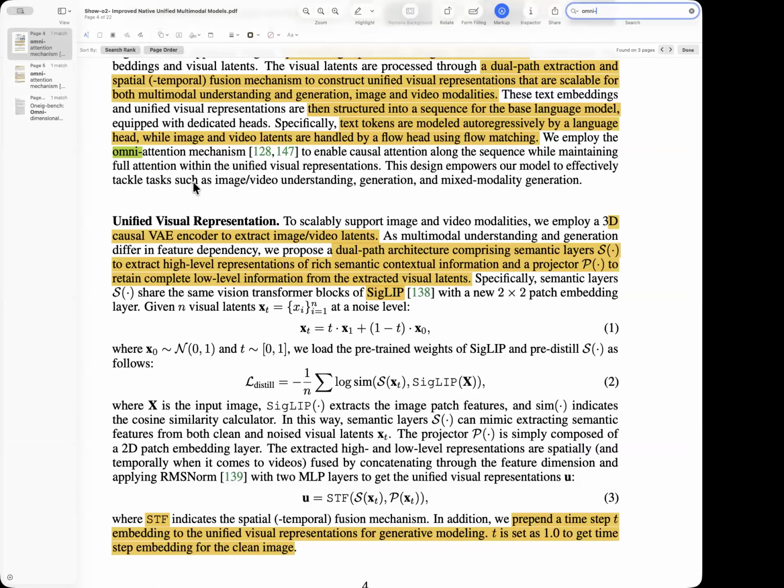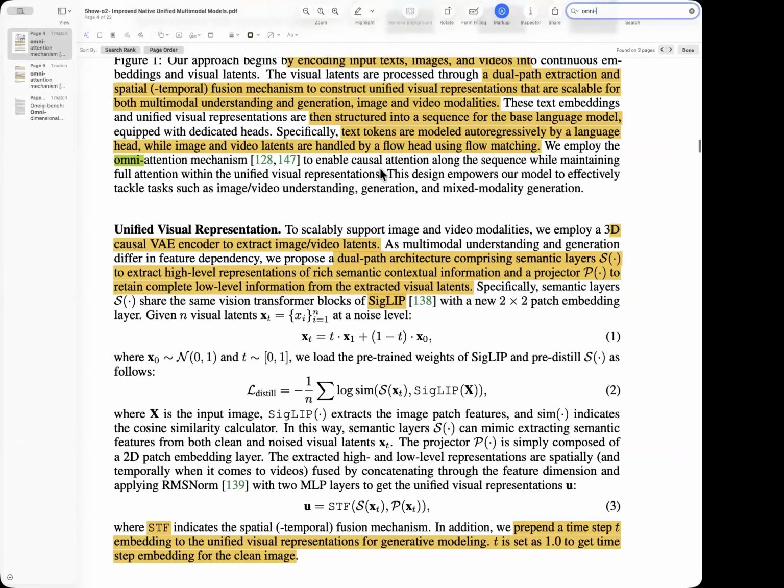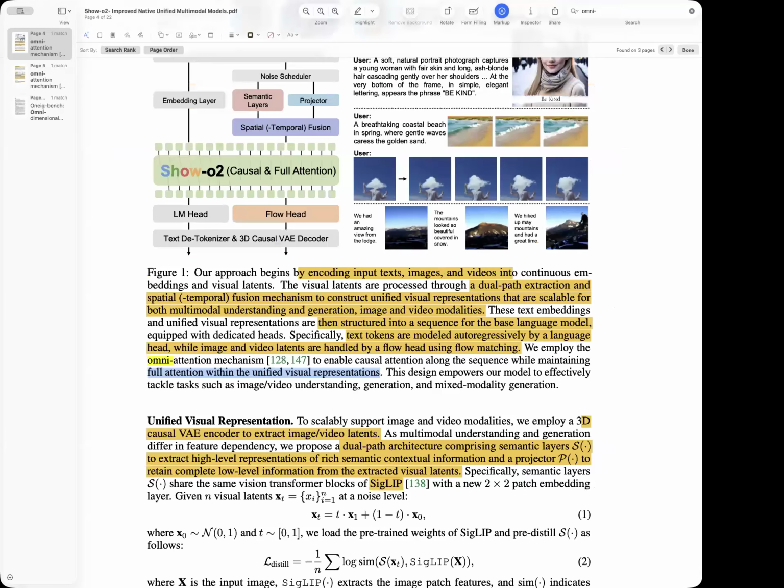That's the text part. The visual representation can see the whole image at once since it's not autoregressive. That's just how it's done. It's also so you can reference the whole image when decoding causally. So as you're predicting the next token, you still have full attention over the entire image.